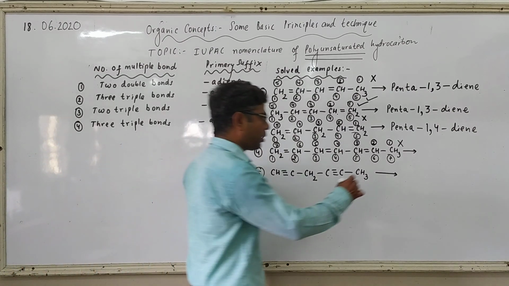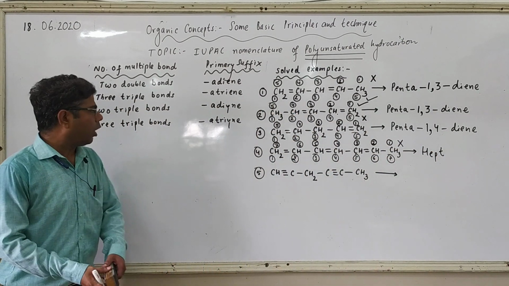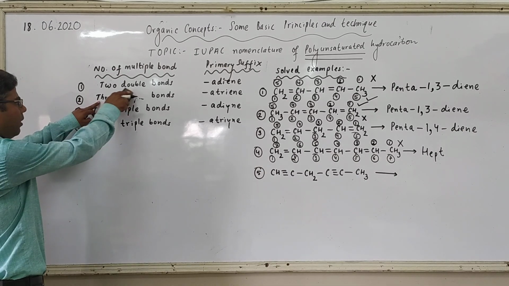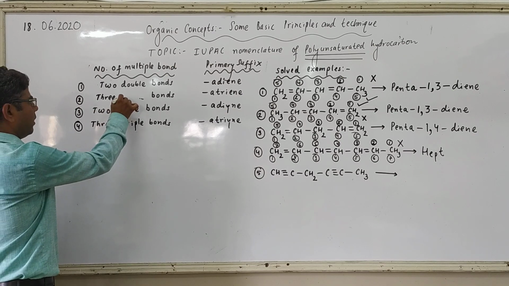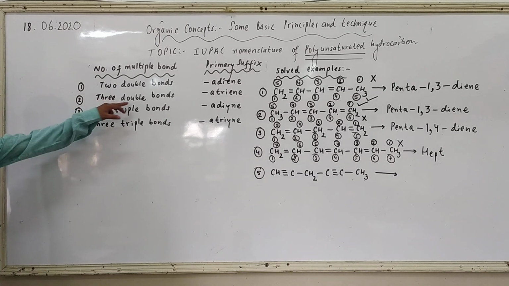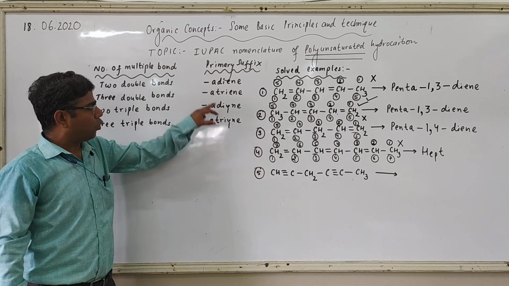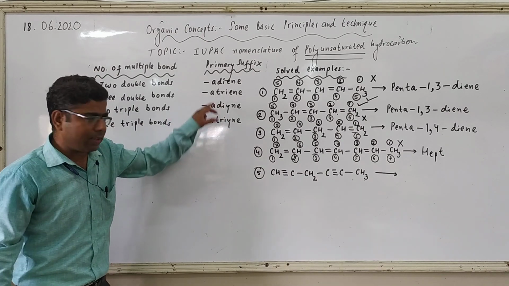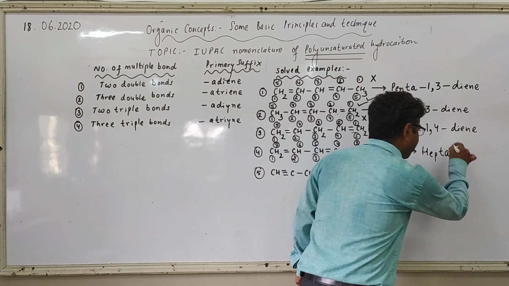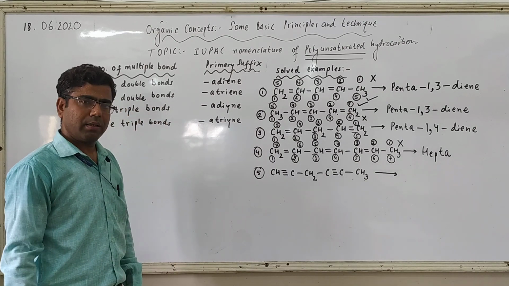So word root used will be hep for 7 carbon atoms. For 3 double bonds, the primary suffix used is atriene. So A of primary suffix will be used with the word root hep. So hep becomes hepta.